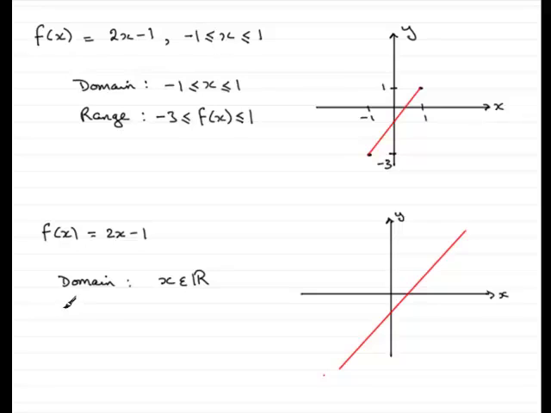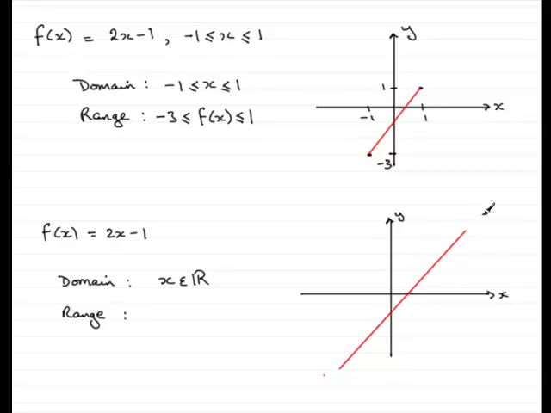Now as for the range, it is all the values that you would get if you were to substitute any of these x values into the function. And these values would be all the corresponding y values.